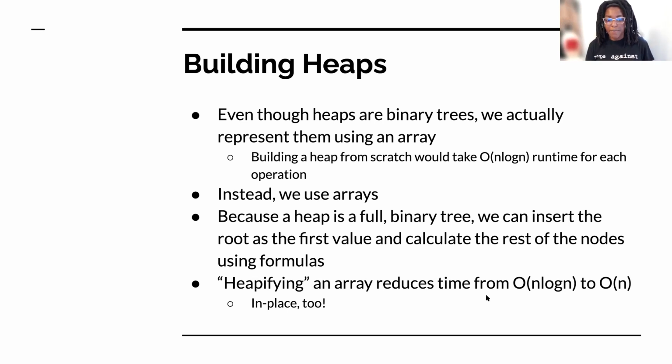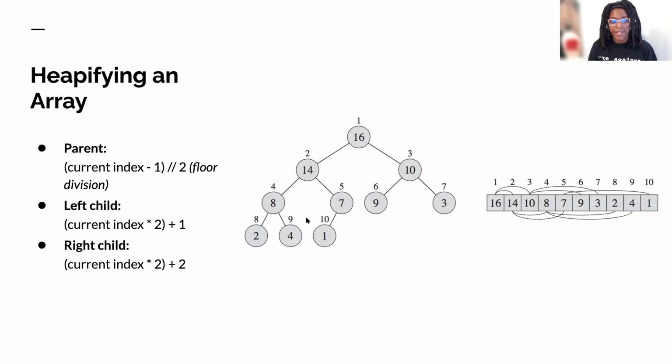And the way that we do that is through these calculations. Well, the way that the API does it. I am not going to advocate you doing this from scratch. It's good to know, but don't build a heap from scratch. But the way that the API does it is that it inserts the first position, and then it calculates all the subsequent children of the tree, and it does that n times.